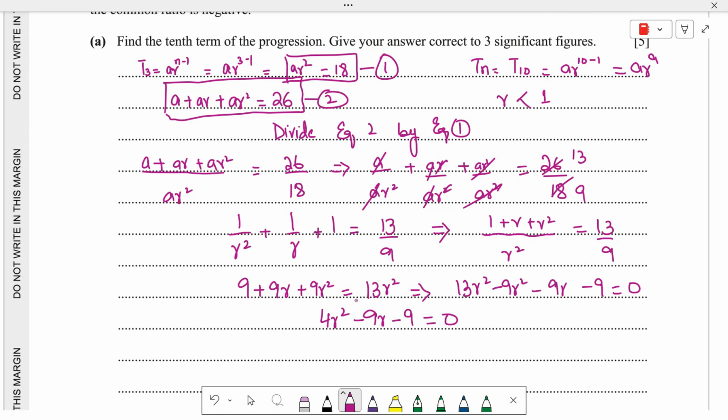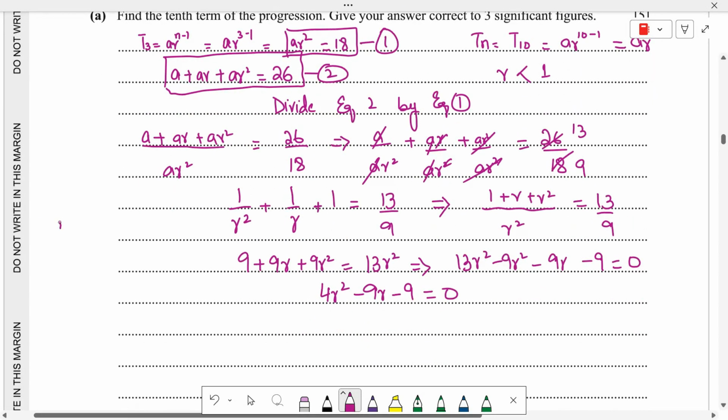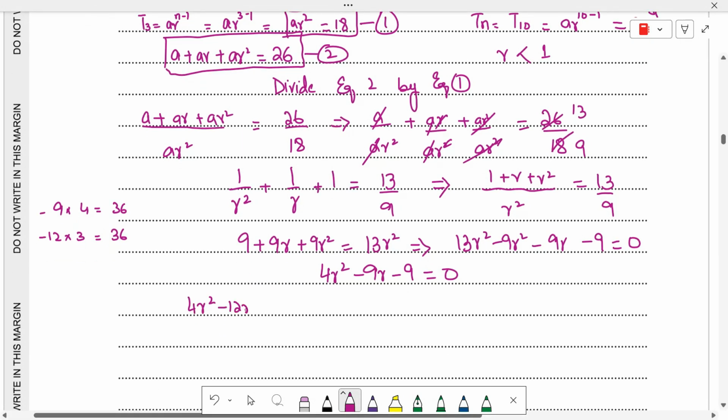In this case, negative 9 times 4 is negative 36, and this can be achieved by multiplying negative 12 times 3. So the equation can be written as 4r square minus 12r plus 3r minus 9 equal to 0.